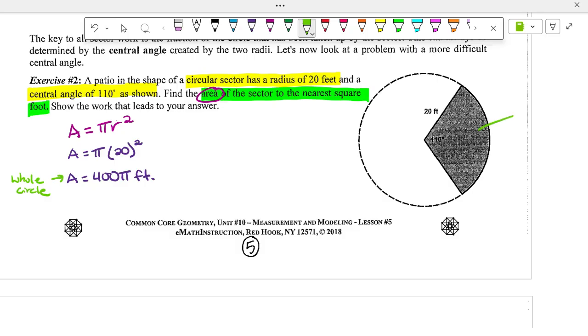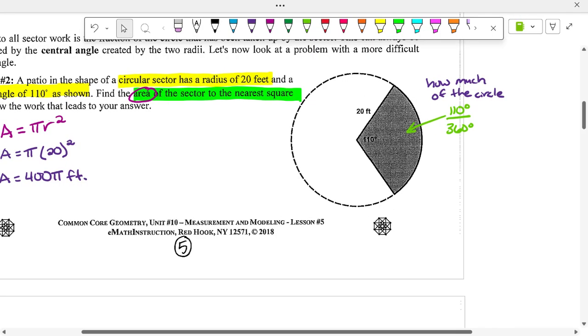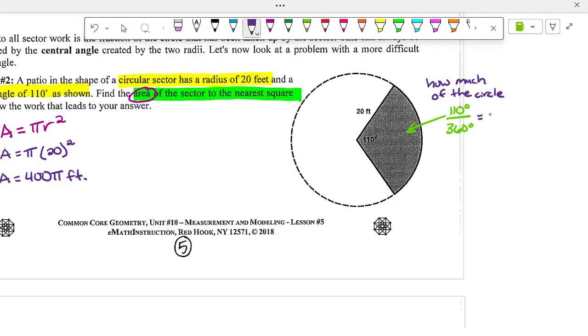To find how big this piece is, I'm going to do 110 degrees divided by 360 degrees. That's going to tell me how much of the circle this is. So what's 110 divided by 360 converted to a fraction? It's 11 over 36. That's how much of the circle we got.